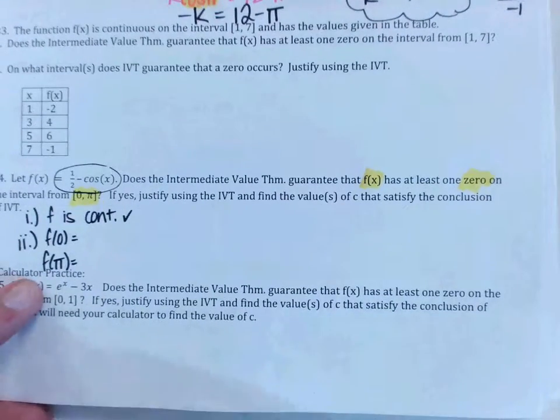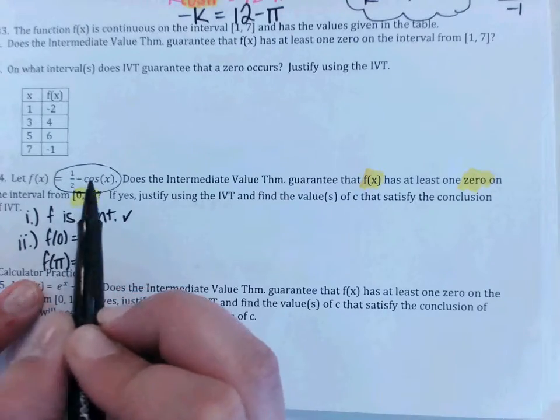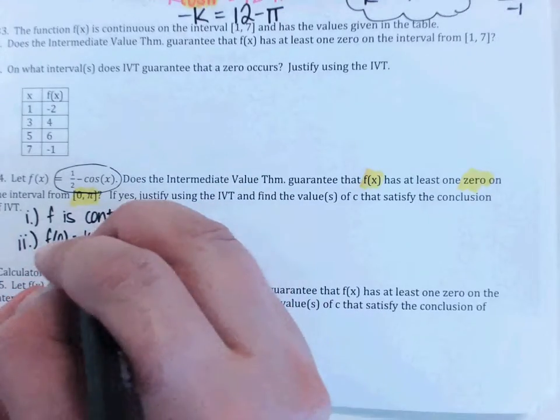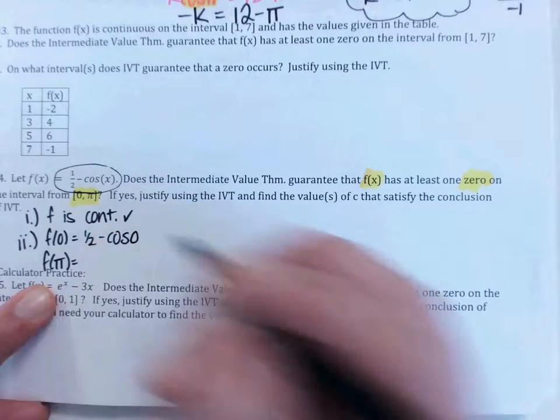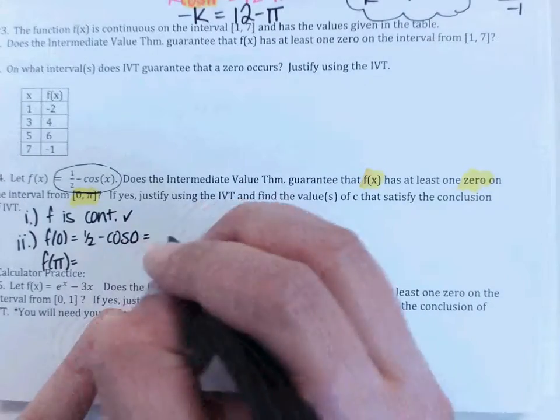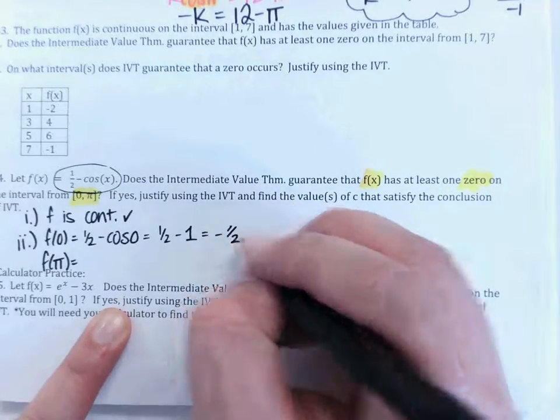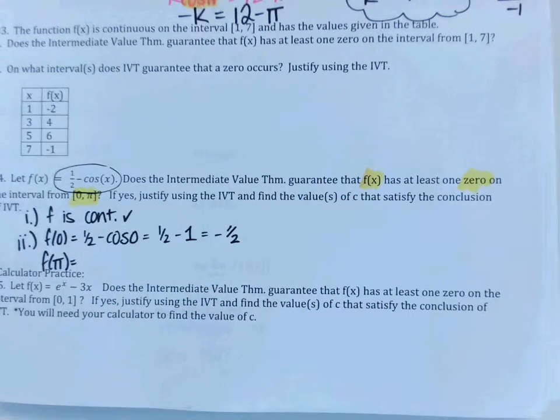So f of 0, I'm plugging in right here. I'm going to have a half minus the cosine of 0. What's the cosine of 0, though? 1. So what's a half minus 1? Negative a half. Good? On the bottom we're plugging in pi.